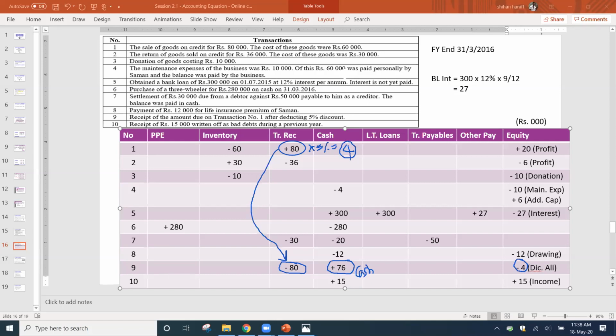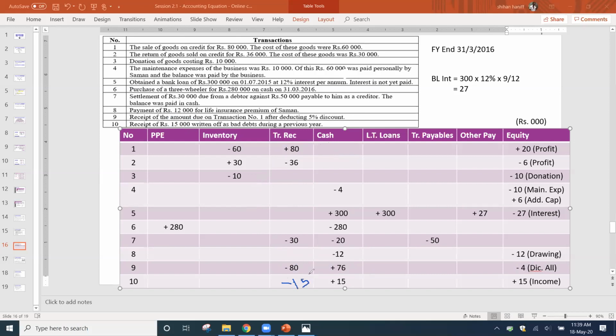Another question, why do we add bad debts? Now when we are receiving 15,000, this is a bad debt recovered. When we have a bad debt, what we do is we minus 15,000.